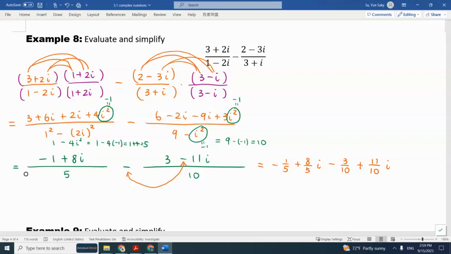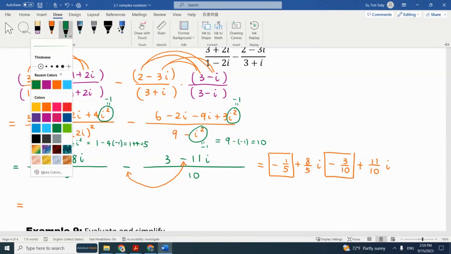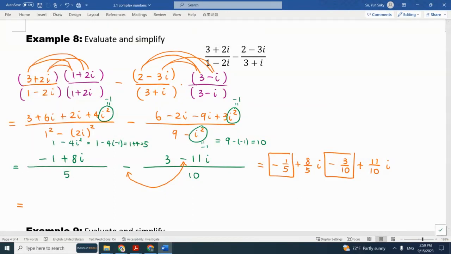Okay, everybody? You combine the constants. What's the common denominator? 10. Right, everybody? How do you get 10? You multiply by 2.